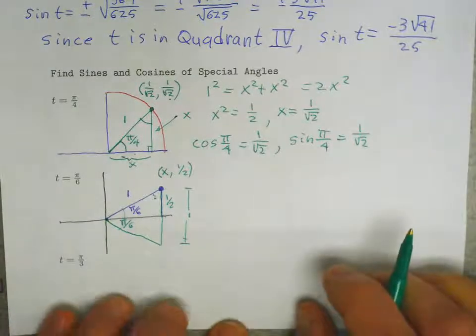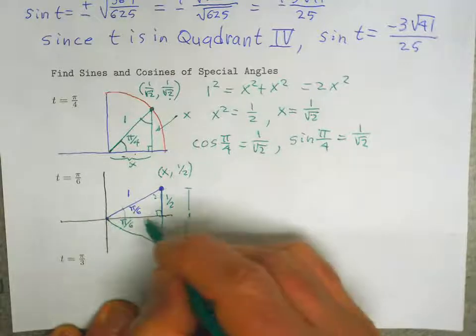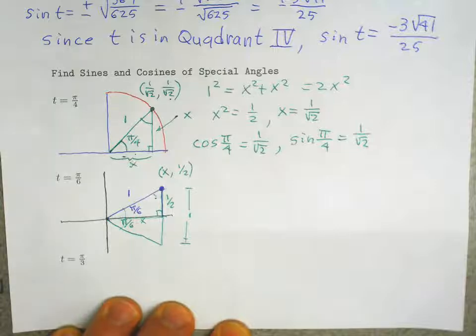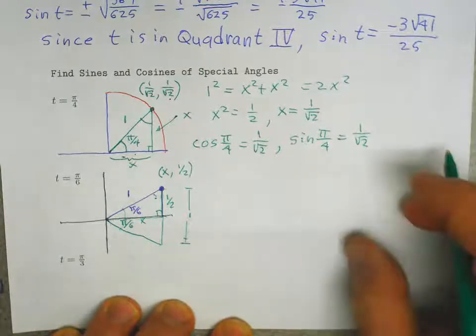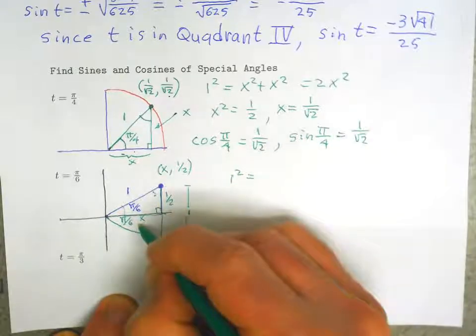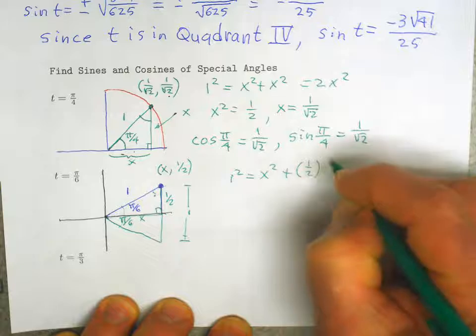And we can use the Pythagorean theorem to determine what the value of x is on this side of the right triangle. So 1 squared equals x squared plus the fraction 1/2 squared.